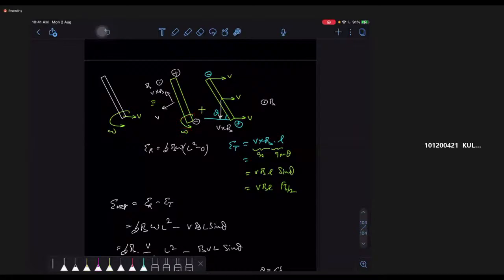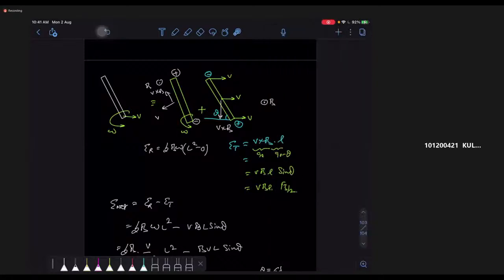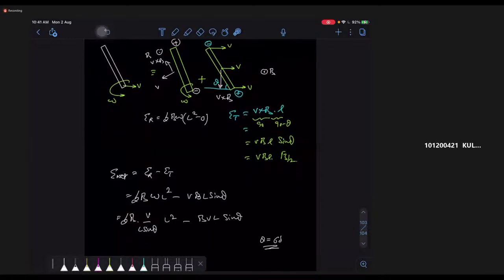Omega given in the question, the diagram is wrong. The direction of omega is not the same as the direction in the diagram. So maybe if you take the omega direction according to the diagram, you will get a plus sign. But omega is not coming in the direction given in the diagram.